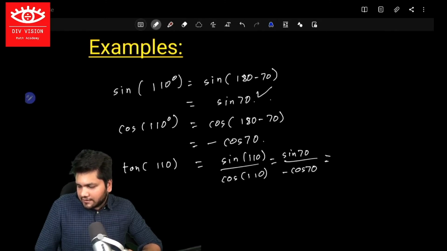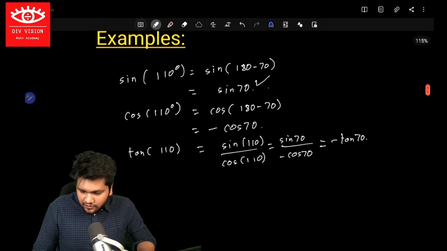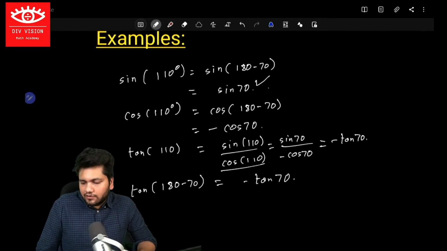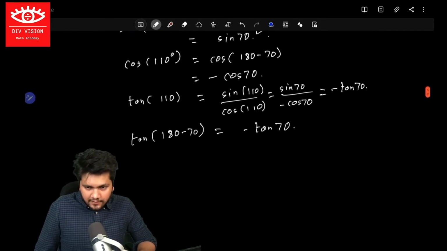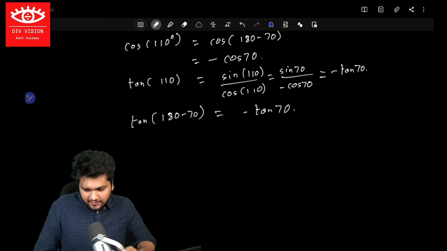So our final answer is minus tan 70. So that was the relation we found. In short, tan of 110 is tan of 180 minus 70, and here also it's going to be minus tan 70 because of the cos. Okay, so that's how we can figure out the trigonometric ratios of obtuse angles.